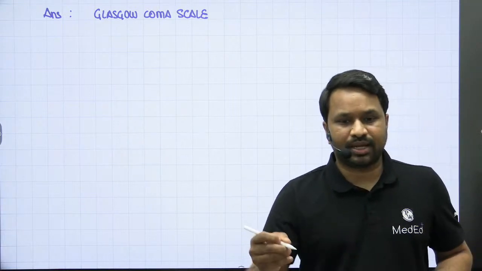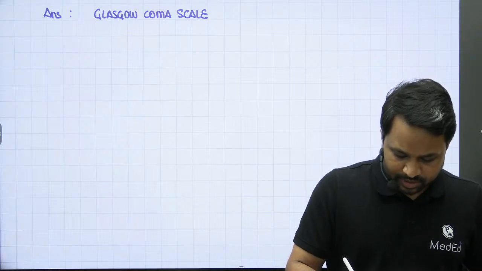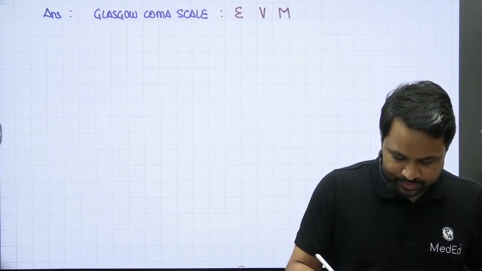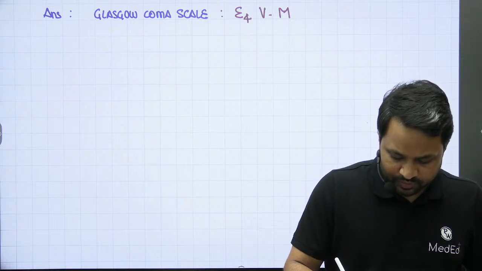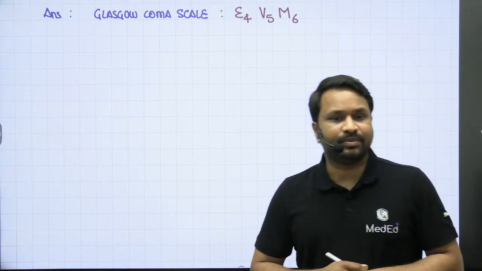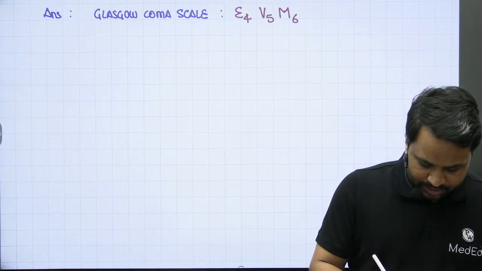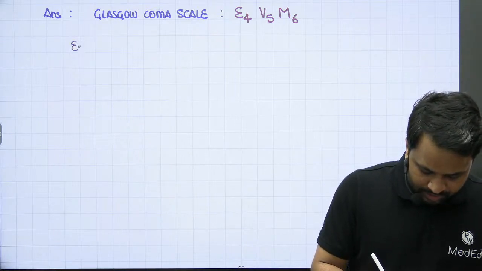Now, when you talk about the Glasgow coma scale, it consists of three parameters. That is your eye opening, verbal response, and motor response. It is called EVM. It is E4, V5, M6. That is the maximum score that is given. So when you look at the representation, the first one is going to be about the eye opening.